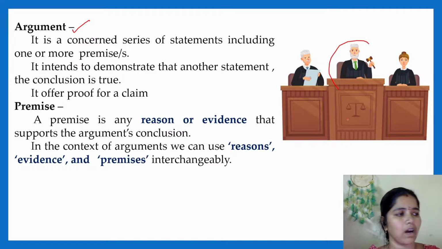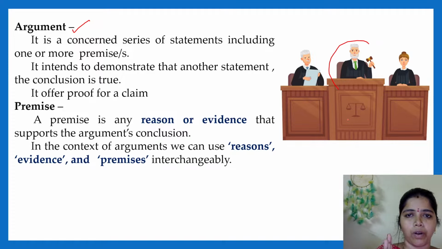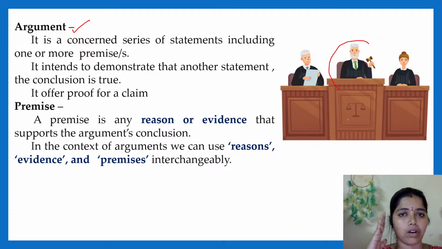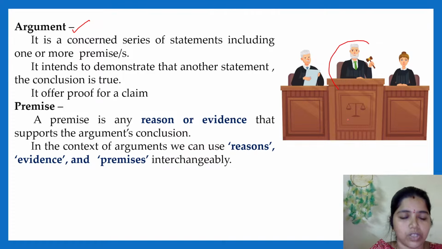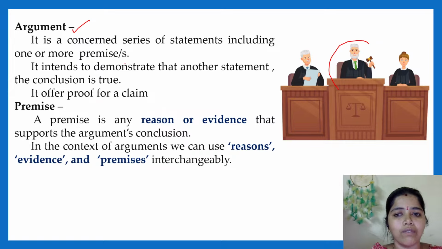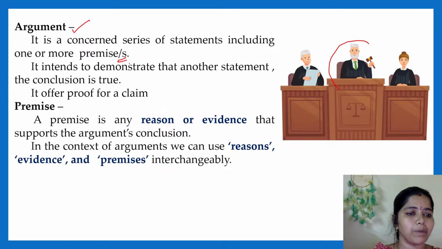Lawyer 1 will make his own opinion, premises, and lawyer 2 will make his own arguments, and taking all the arguments into consideration, the judge will come to a conclusion. So whatever arguments the lawyers pose, we call them premises.